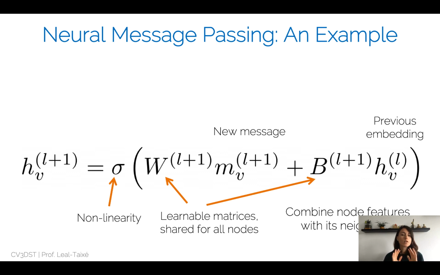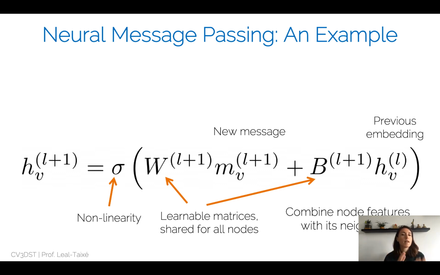I don't want to decide whether the new message is more important than the previous embedding to compute the new embedding, but I actually want to perform an operation with learnable weights. And for this, I'm going to have these two learnable matrices, W and B, and these matrices are going to multiply the new message and the previous embedding, respectively, to actually create the new embedding. And on top of this, of course, I'm going to have a nonlinearity.